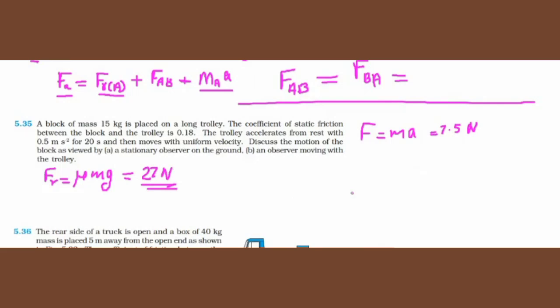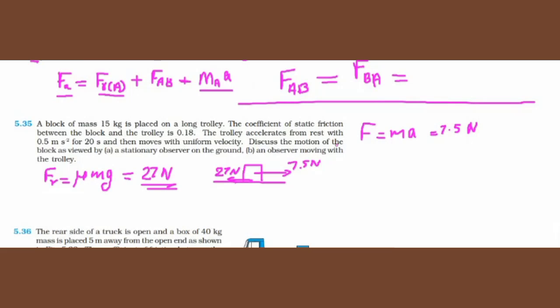Okay, so imagine like this. The block has an applied force of 7.5 Newton, while the surface is able to provide 27 Newton friction. So what is the condition of the block?